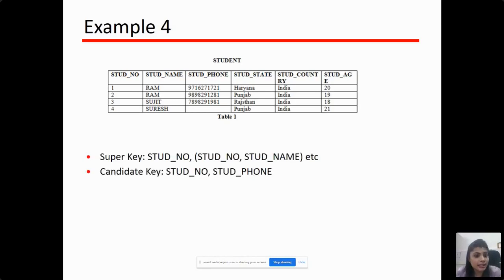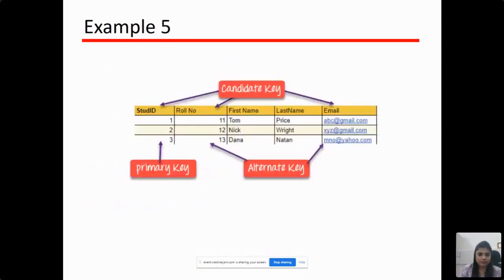Both can act as the candidate key. Then you need to choose one candidate key as the primary key. So for example, if I choose the student number as the primary key, the student phone will become the alternate key.